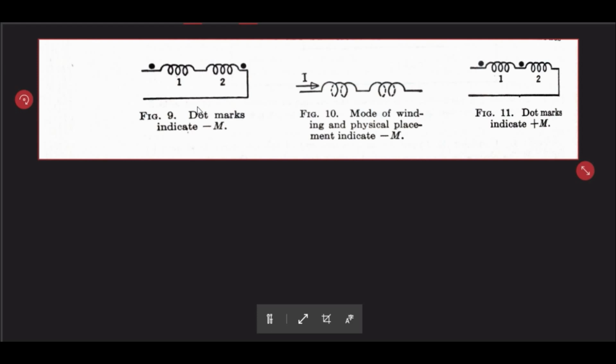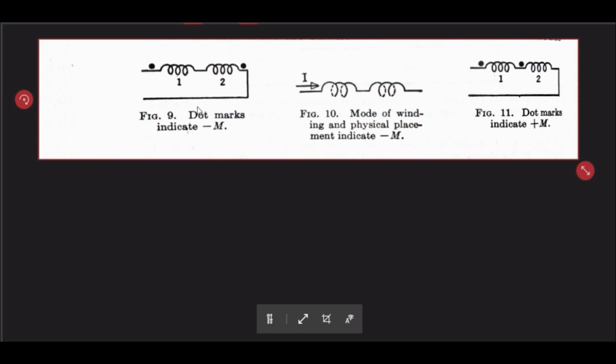Some current will flow. Now see, the MMF produced by coil 1 and the MMF produced by coil 2 will oppose each other, and that is why we will get minus M.